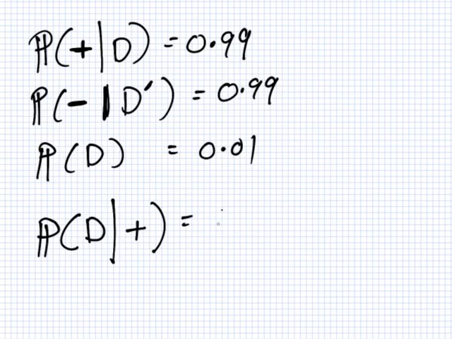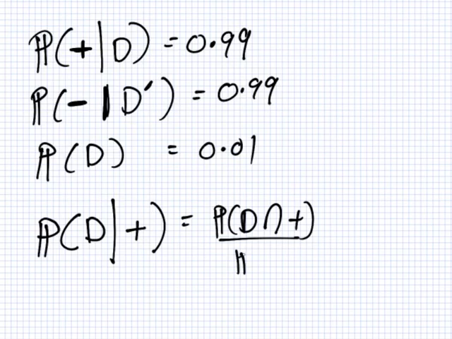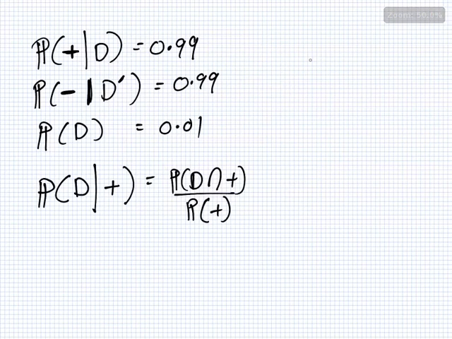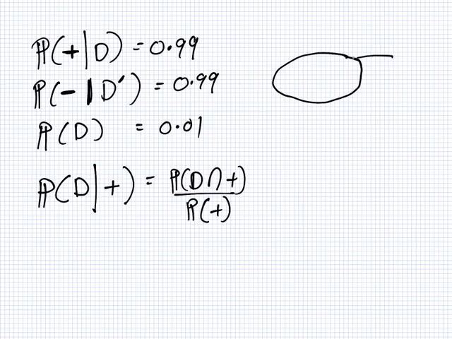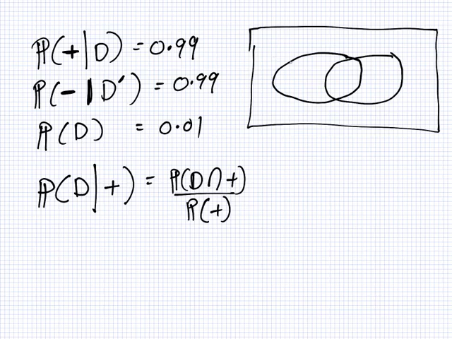So this is the probability of the disease and positive over the probability of positive. Now, the way you would need to do that is as a Venn diagram, as a set. What you could put here is if you have the disease or if you don't have the disease, in or out. And then this set is if the test is positive or if it's not positive, which means negative.